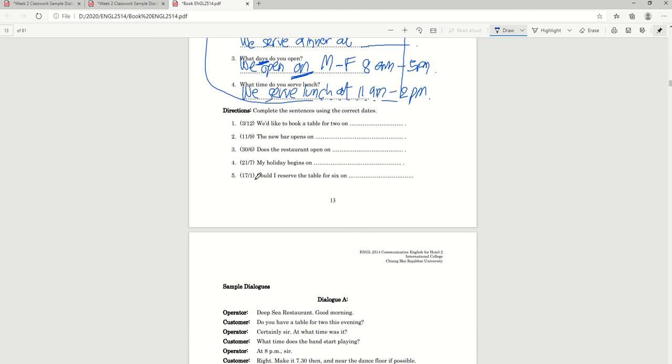I'm talking about date and month. So which one is the number for date and which one is the number for month? Okay, the first digit is date and the second one is month, right?